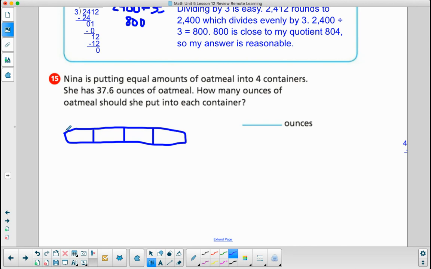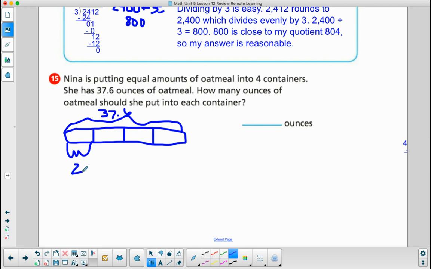She has all of this, 37 and 6/10 ounces of oatmeal. How many ounces of oatmeal should she put in each container? So how much is going to go in each one?